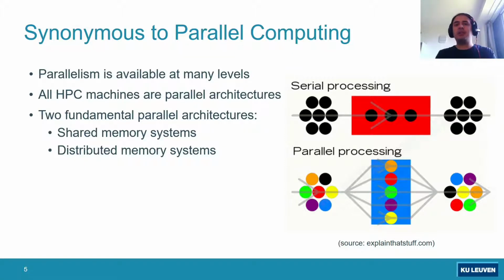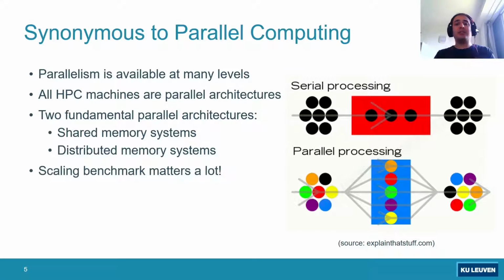But in distributed memory systems, you have different CPUs, and as a result, they have their own memory. So it's common to say that the memory is also distributed. And typical HPC systems include both. So in order to program HPC systems, you need to deal with both types of systems, shared memory and distributed memory.